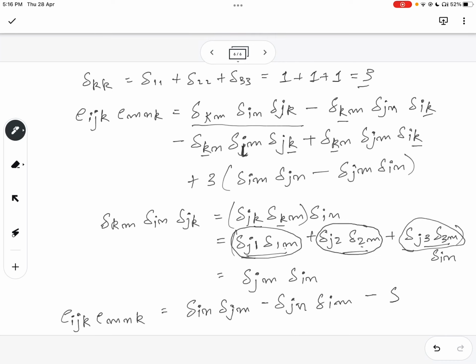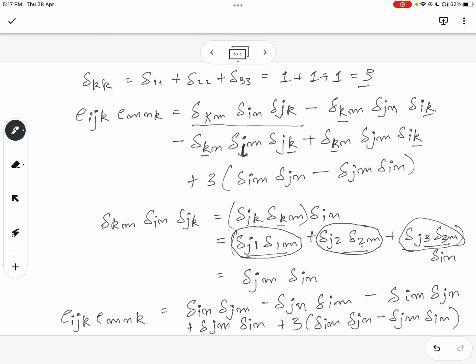minus delta Im, delta Jn plus delta Jn, delta In plus 3 times delta In, delta Jn minus delta Jm, delta In.